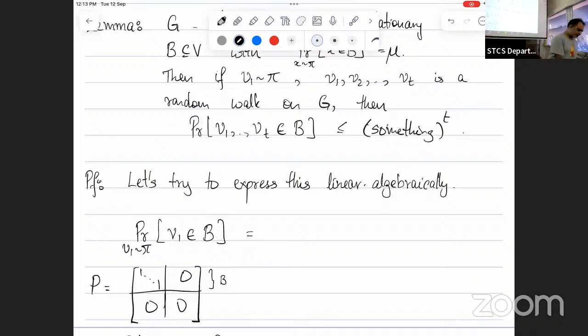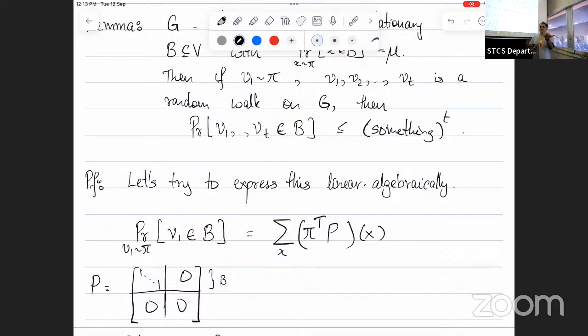Okay. So then this can be written as the sum over all x of pi transpose P applied on x. Is this okay? So pi transpose is your original vector, which is the distribution according to V1.